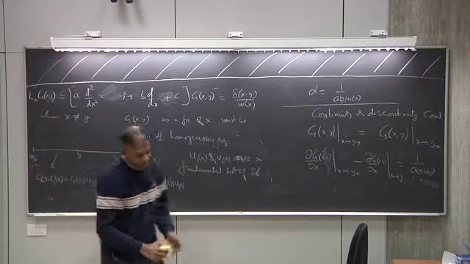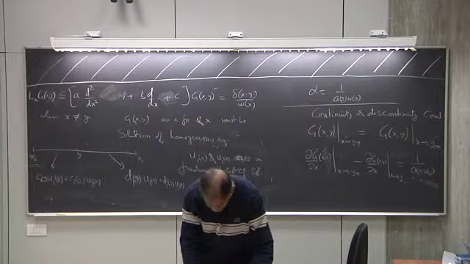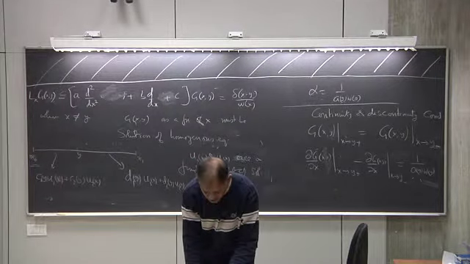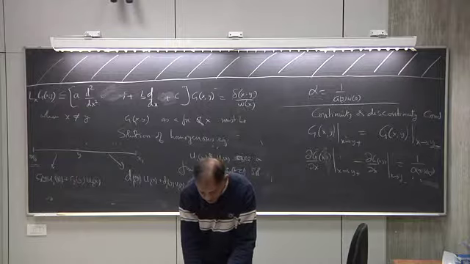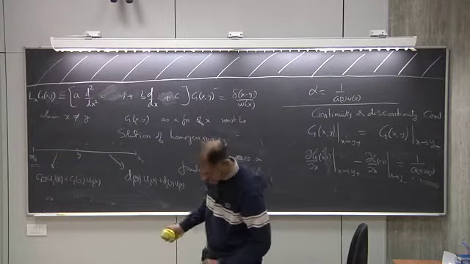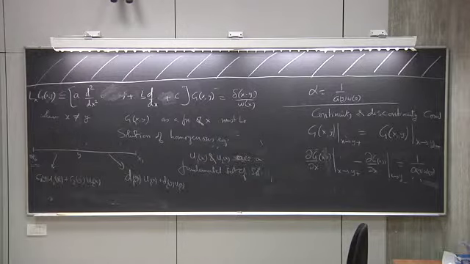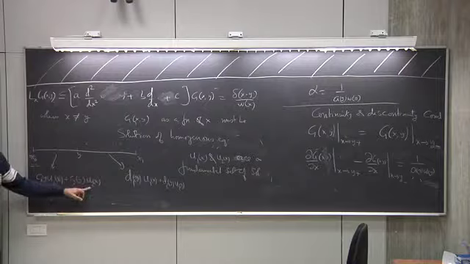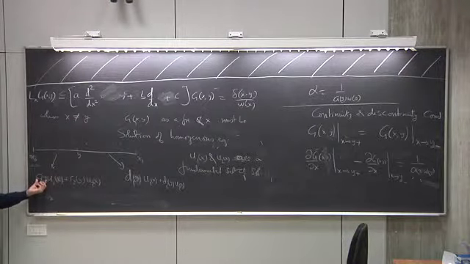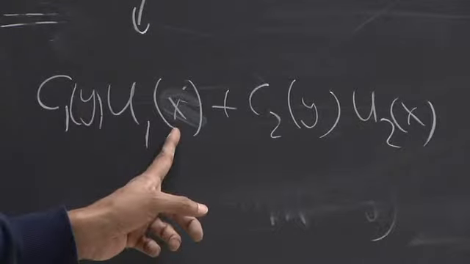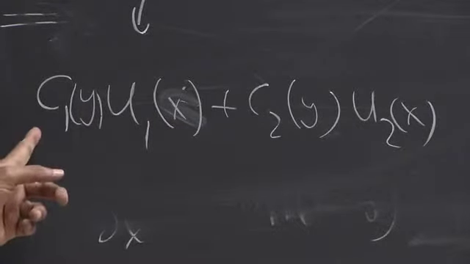Let me use the same convention that they have used here. c1 and c2 was for less than, correct, this is the same convention. So we are guaranteed that the Green's function should be a linear combination of these two, and I just call those coefficients c1 and c2, which are not functions of x but could be functions of y, right?